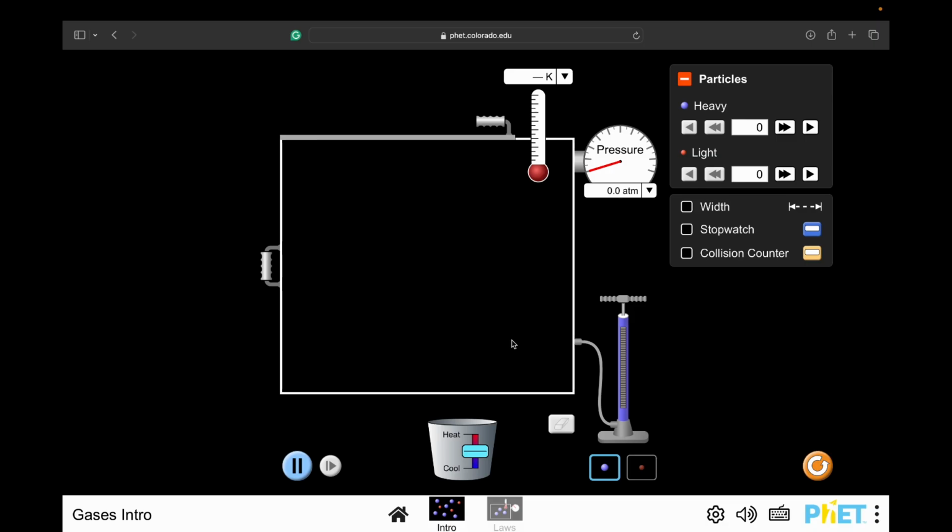So when you quickly pull the piston outward, the gas expands quickly, and the temperature drops. That is because the gas is doing work on the surroundings, but no heat enters, so its internal energy decreases and the gas cools. And this will happen oppositely when you quickly compress the gas.